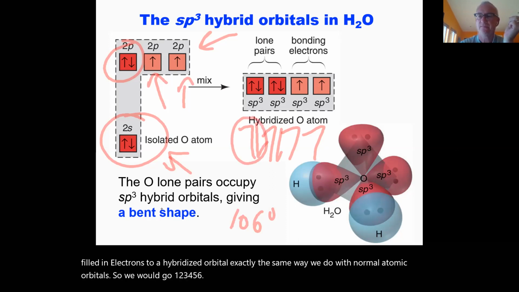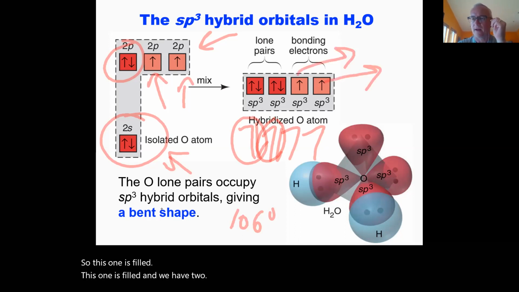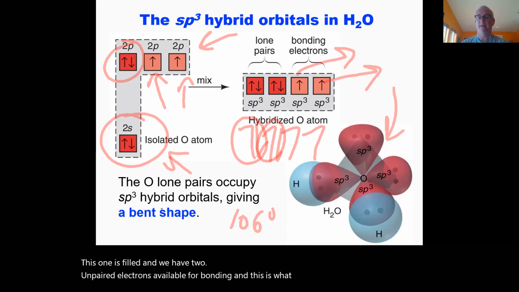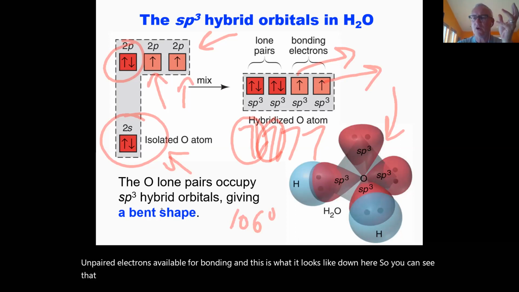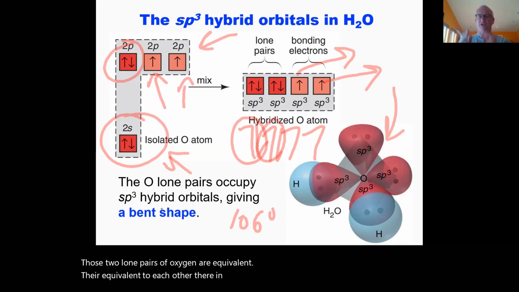So this one is filled, this one is filled, and we have 2 unpaired electrons available for bonding. And this is what it looks like down here. So you can see that those 2 lone pairs of oxygen are equivalent to each other. They're in the same orientation.